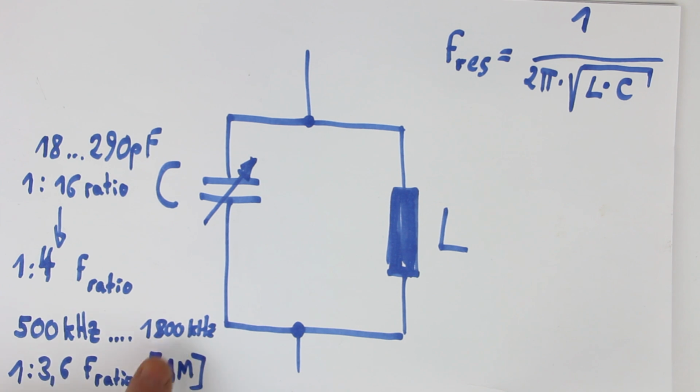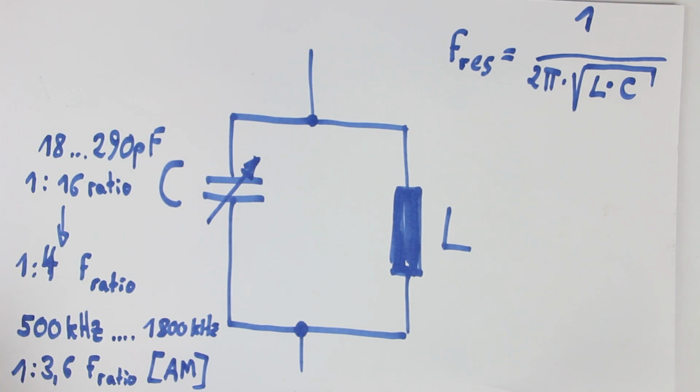You still have a little bit of overhead for tolerances in your inductivity or in the rest of your circuitry, and for doing some experiments if you find stations outside the official AM spectrum.